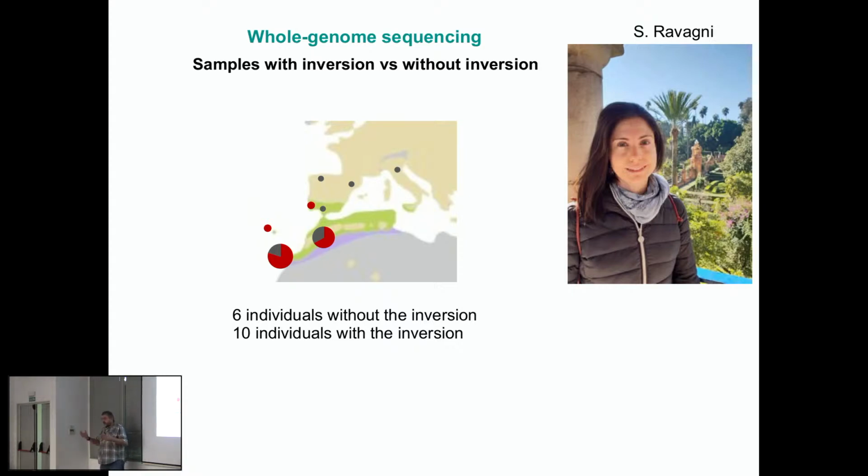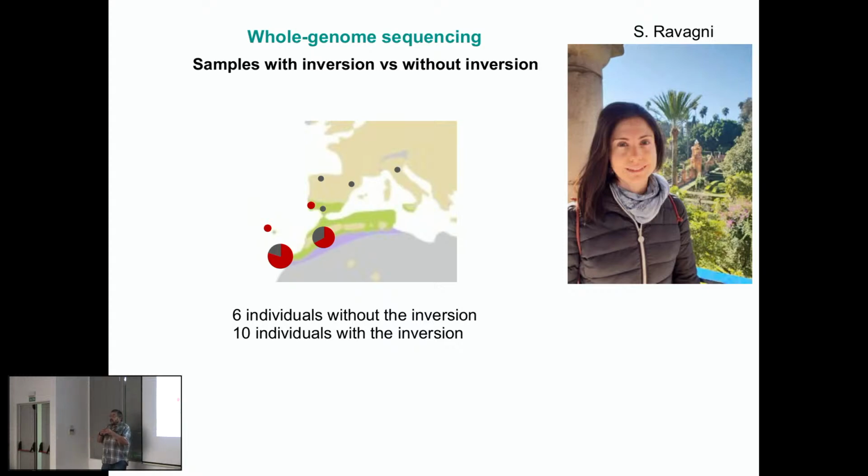We try to get them from very different populations, from the Canary Islands to southern Portugal, Morocco, Madeira. We have to try to have some diversity, and the same for the ones without the inversion, from Italy to Canary Islands, trying to have as much diversity as possible.